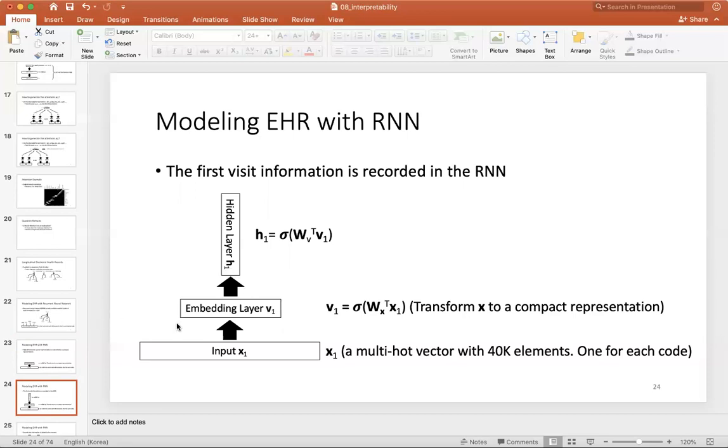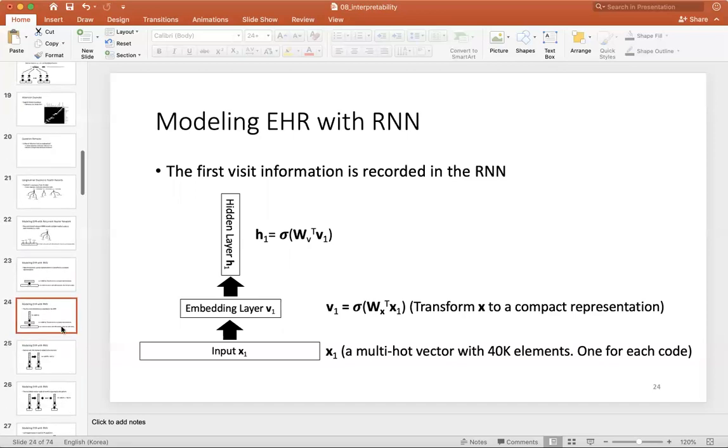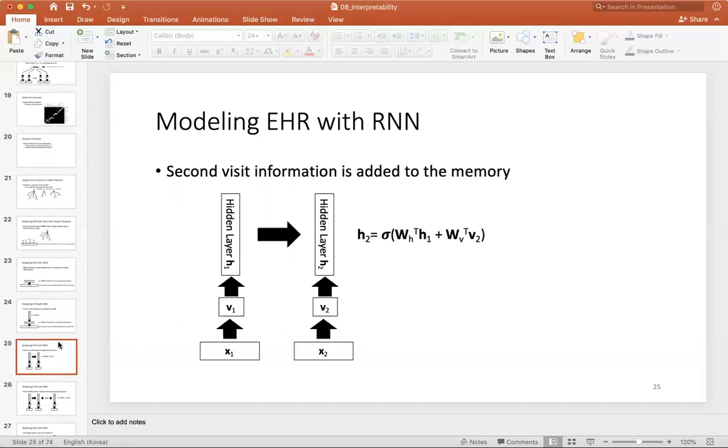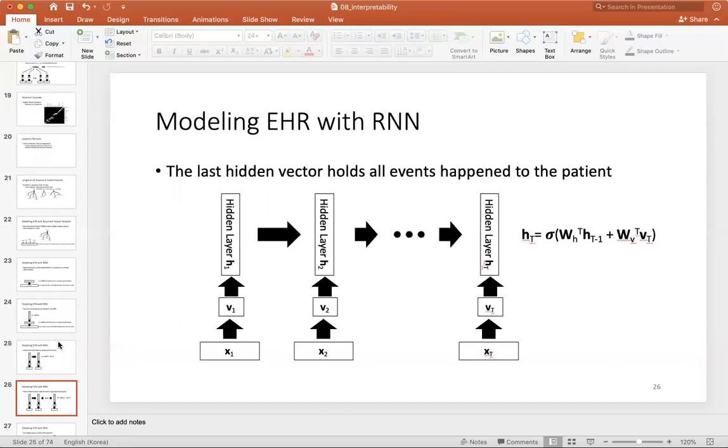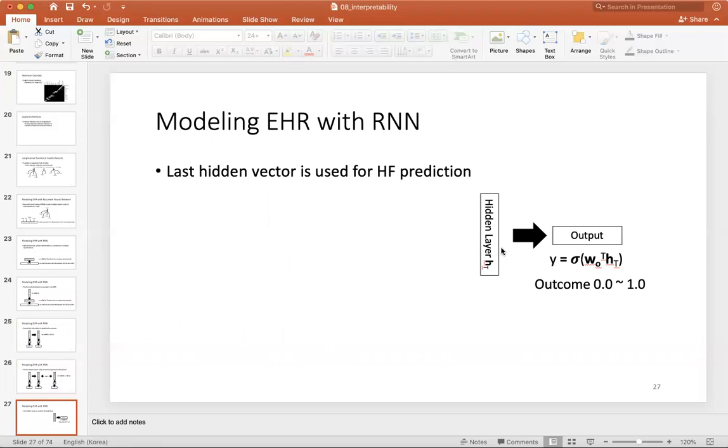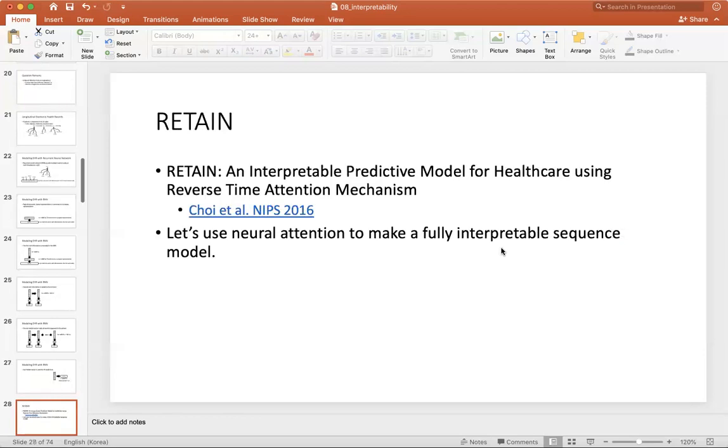If you put in V1, V2, V3 all the way to VT, the final visit, then the hidden layer HT will theoretically contain the information from all time steps. Then you put it through either sigmoid or softmax. So that was a very quick recap of how to feed electronic health records into an RNN.